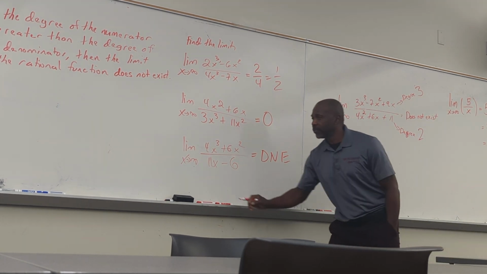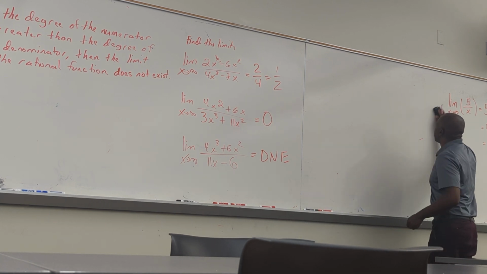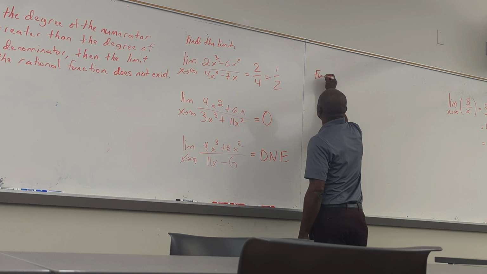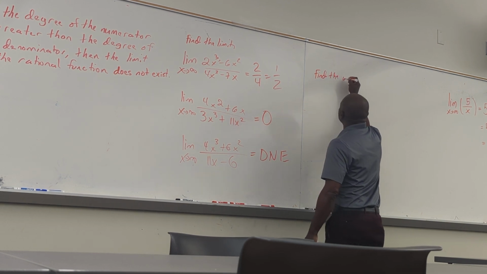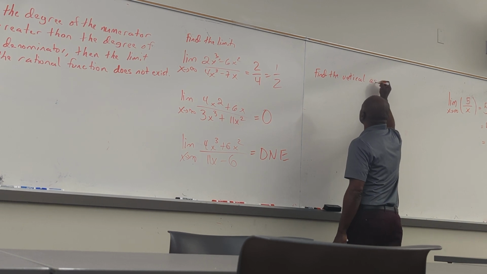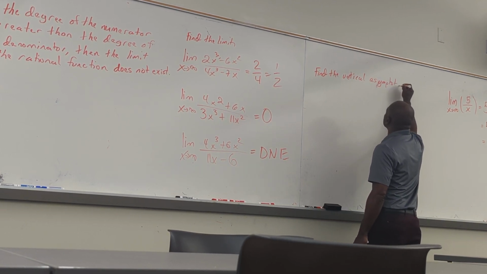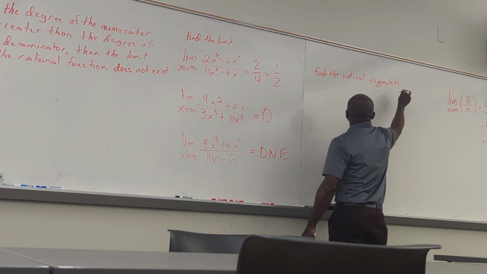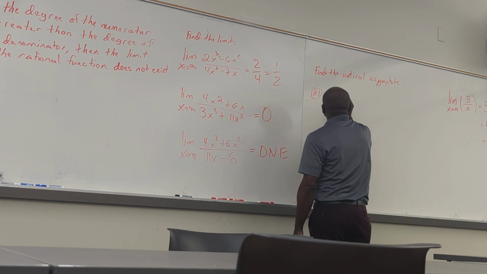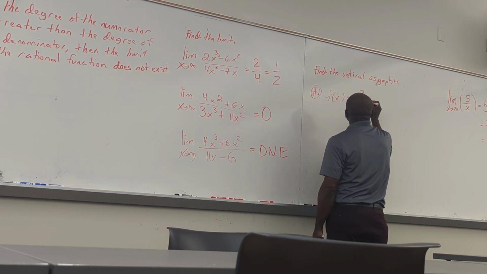So we can do stuff like this now. Find the vertical asymptote, and number 1 says f of x equals 3 all over x plus 1.